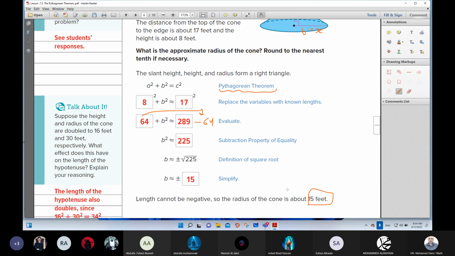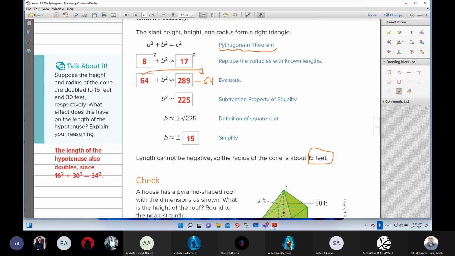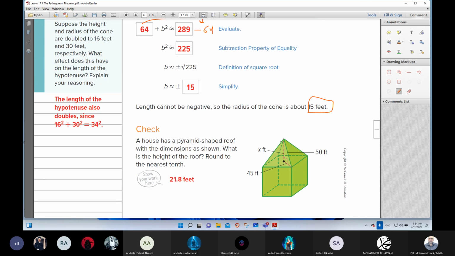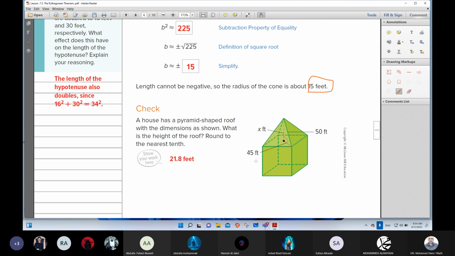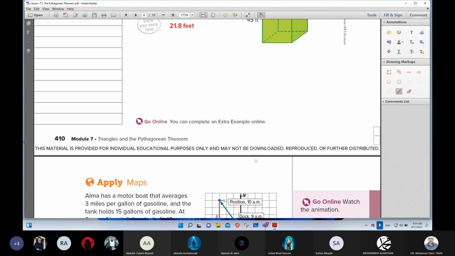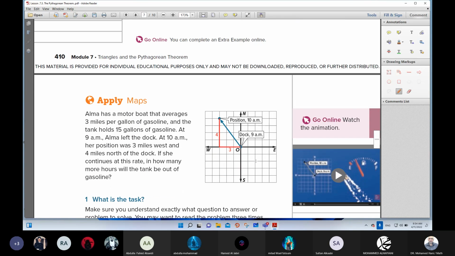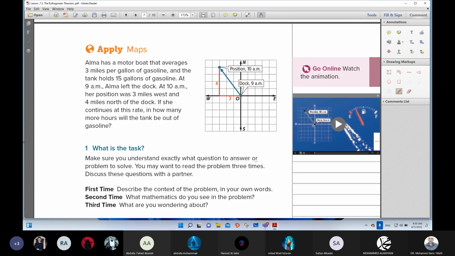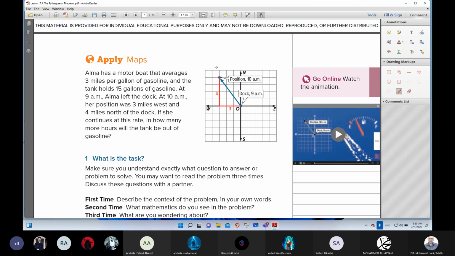And always remember, the measure of the leg or the side will be a positive value. Here we have the same idea. And also here we have the same idea.